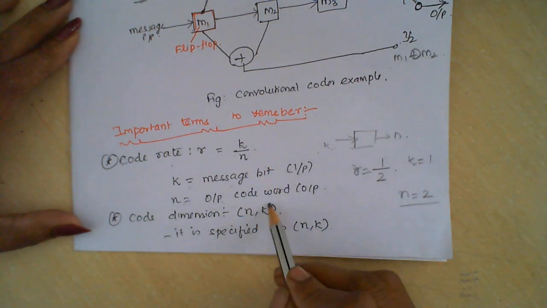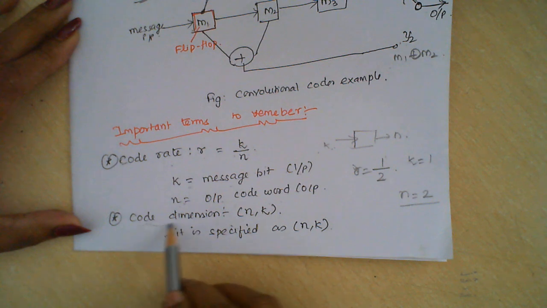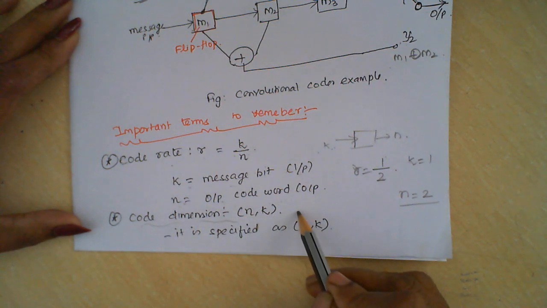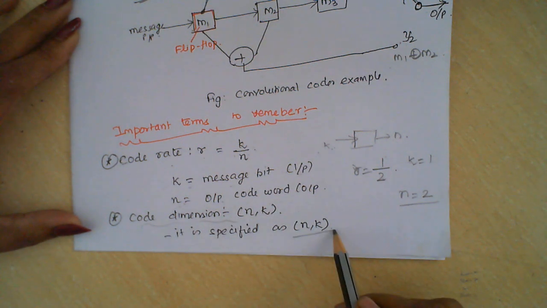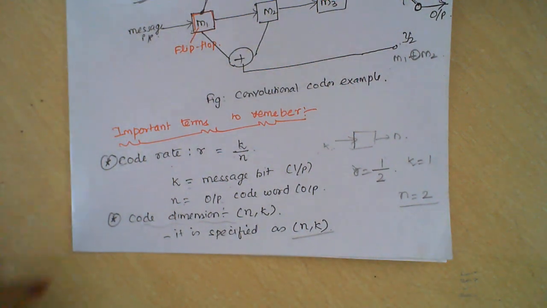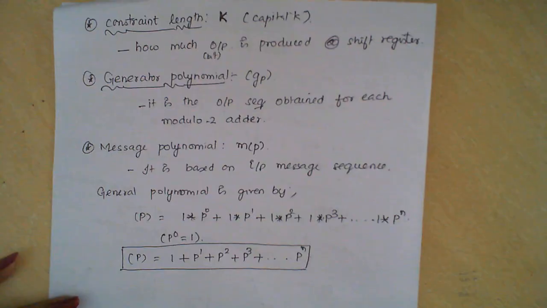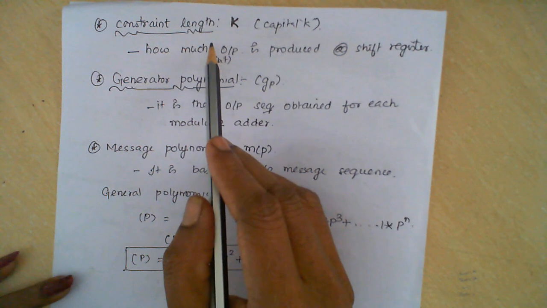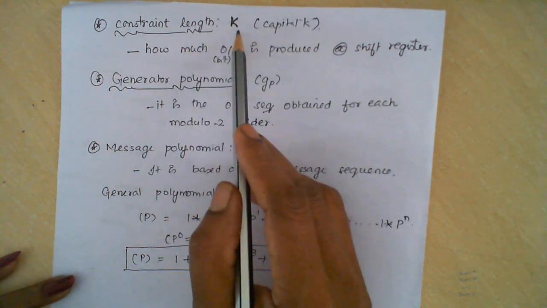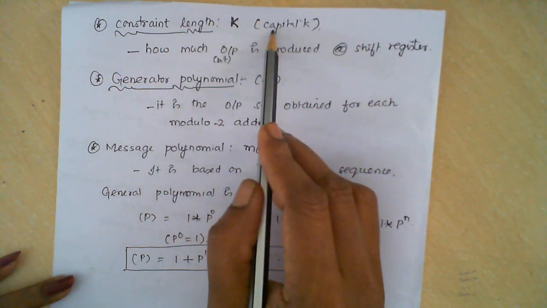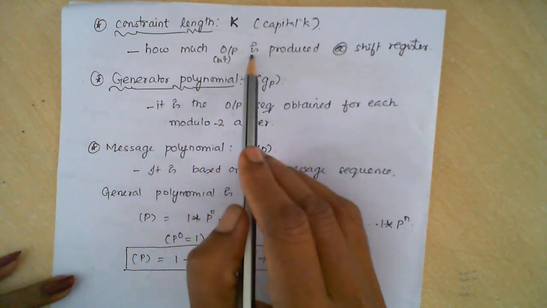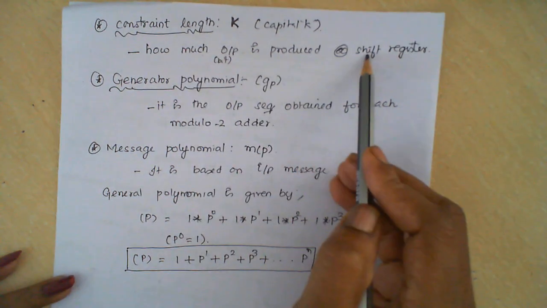Next is code dimension. Specifying the message and code word in terms of a dimension is done by means of n comma k. That is your code dimension in convolution codes. Next important term you should remember is the constraint length, which is specified by the capital K letter. It tells you how much output is produced at the shift register output.